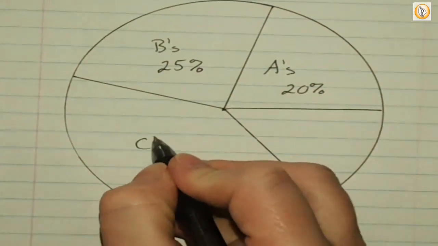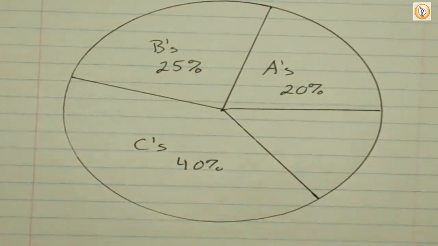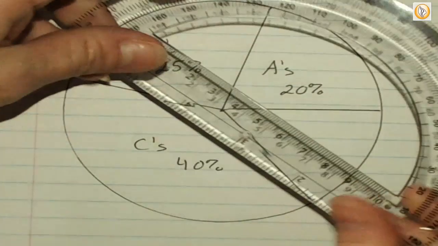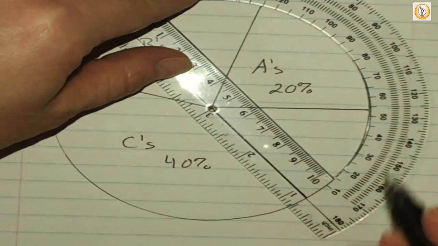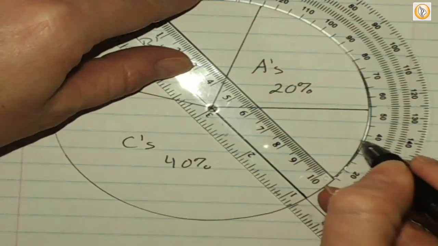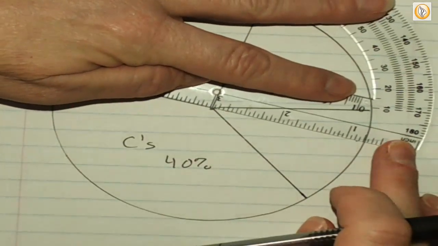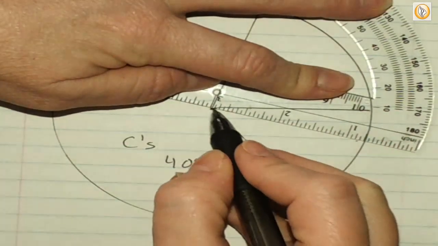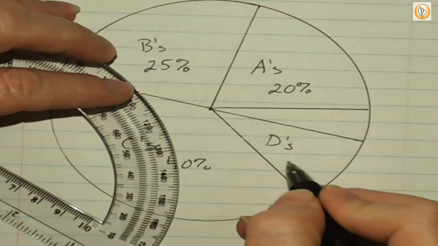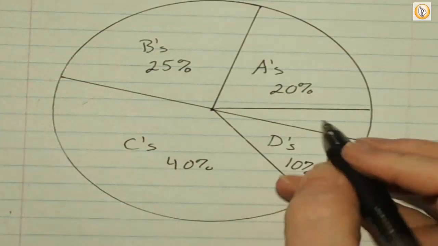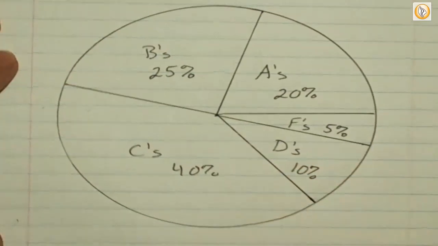So that's C's, and that was 40%. And then I have 36%. It's about right there. Those are your D's. It's 10%. And the last one you'll even have to measure. Those are your F's, and that's 5%.